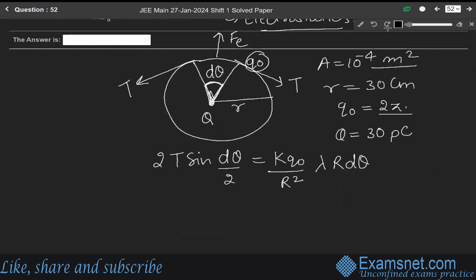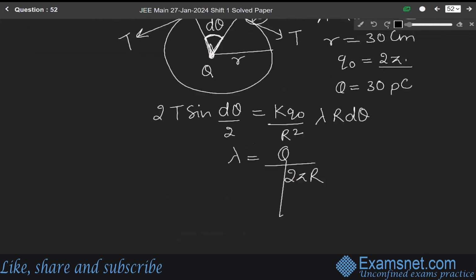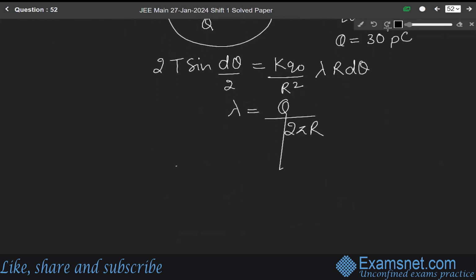Now this lambda, linear charge density, equals charge over line element, that is the circumference of this ring, 2 pi r. So putting this value and considering this d theta as the small angle, we write T equals k q naught into q over r square into 2 pi.